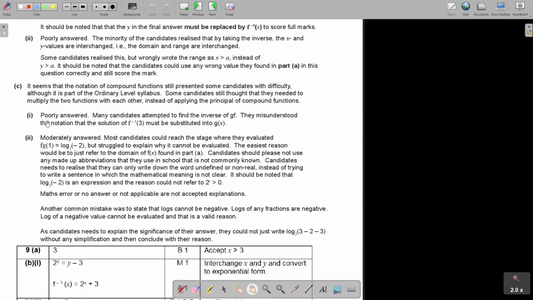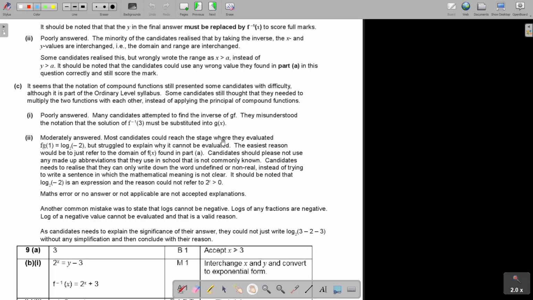And then this first one was now the evaluation, poorly answered. Many candidates attempt to find the inverse of GF. They misunderstood the notation that the solution of f must be substituted. Now, as I said, go back to ordinary level functions if you struggle, before you go to AS-level functions. And then the last one, moderately answered.